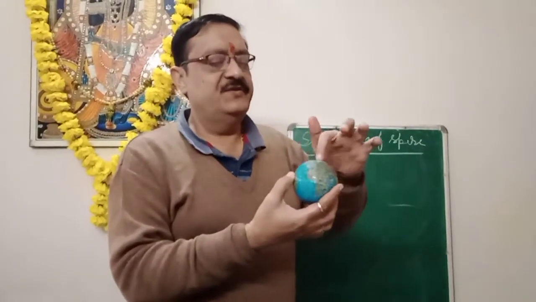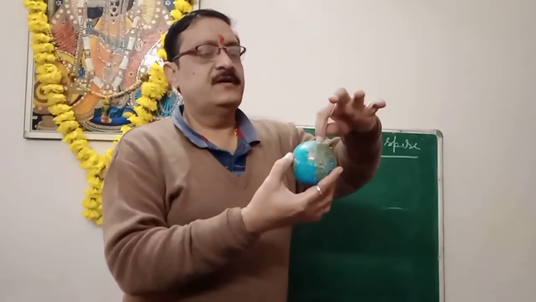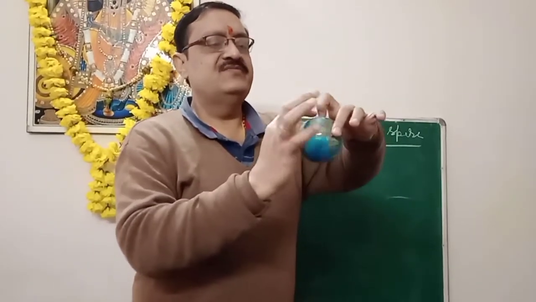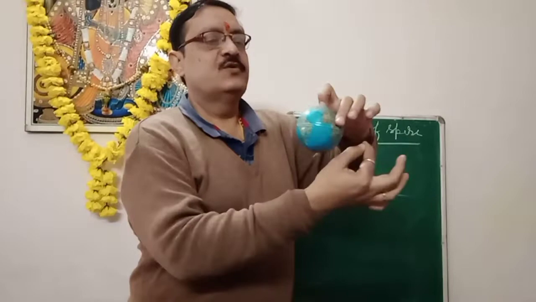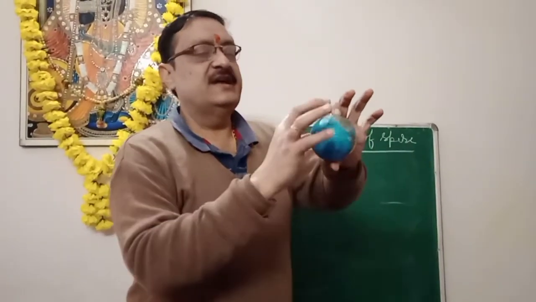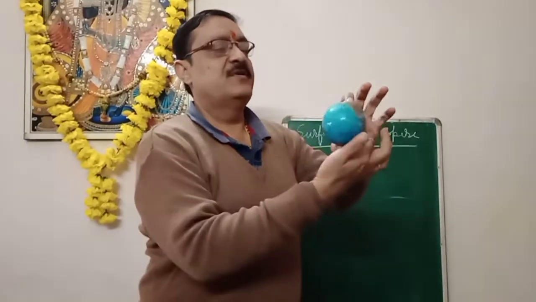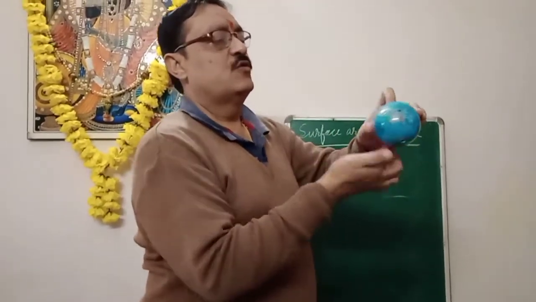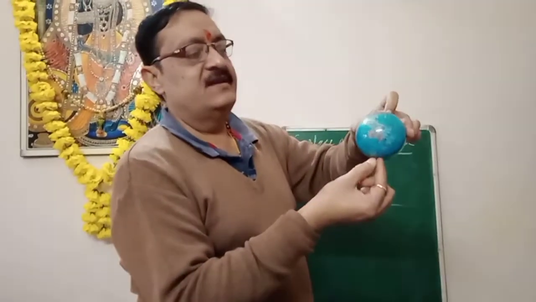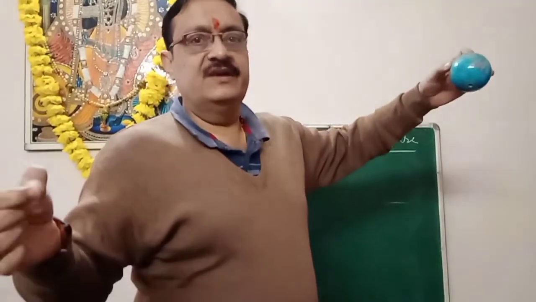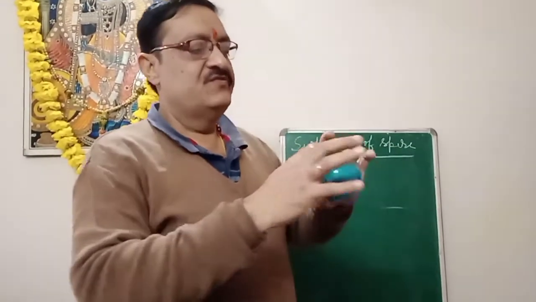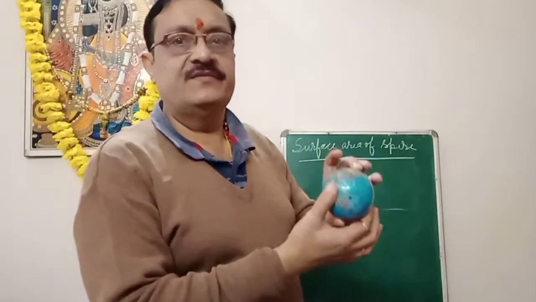In the same way, if we fix a nail at any point here and put a string around it, so that the string covers the whole of this sphere, and we measure the length of that string, that length will give the surface area of this sphere.